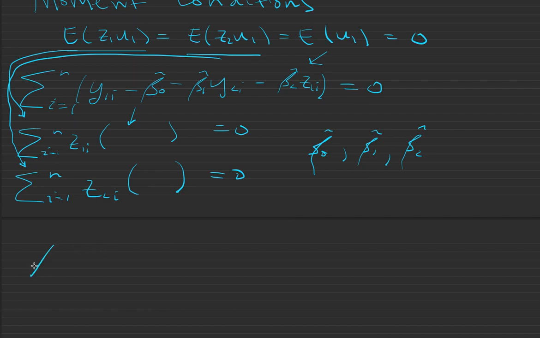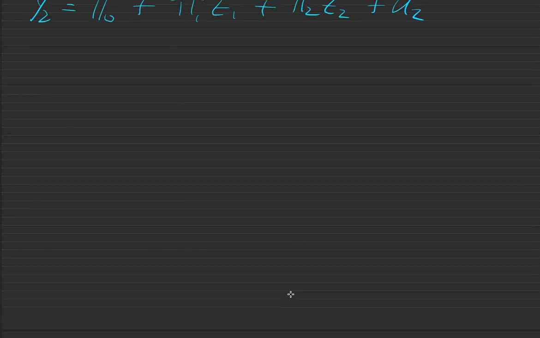So we can write y2 equals pi naught plus pi 1 z1 plus pi 2 z2 plus u2, where the expected value of u2 is equal to 0, and the covariance between zj and u2 is equal to 0 for j equals 1, 2.